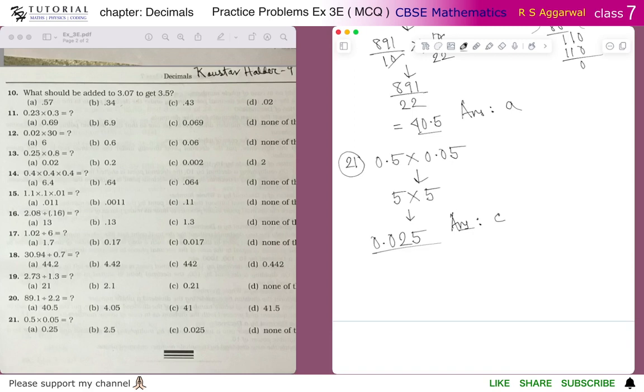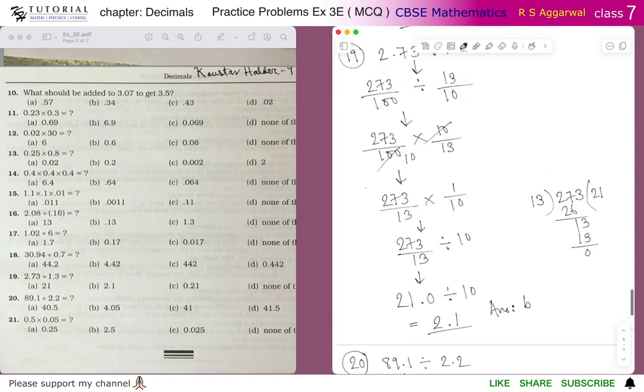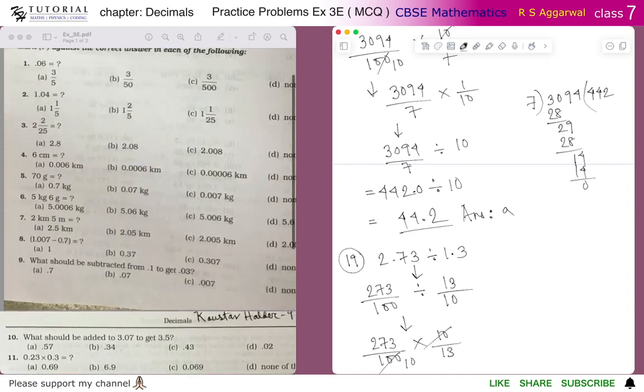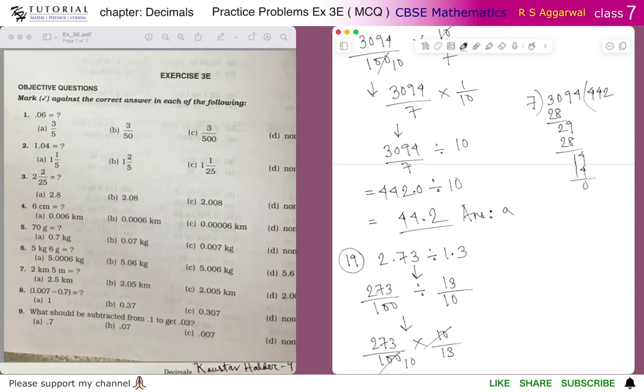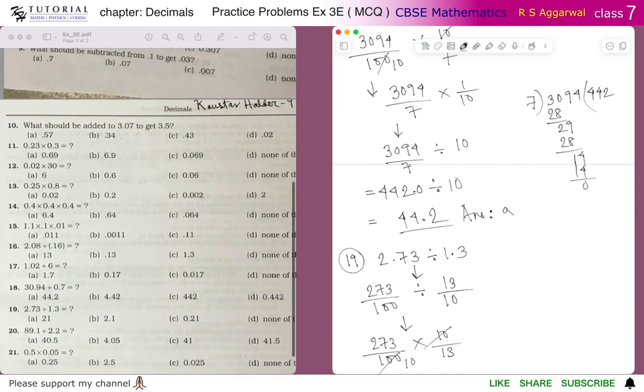And I hope solving these problems was beneficial to you. You understood the process of how to solve problems on decimal numbers. This exercise 3E was based on the chapter decimals, and after this there is a chapter test which will be a good set of problems to test your knowledge, your overall understanding of operating with decimal numbers.